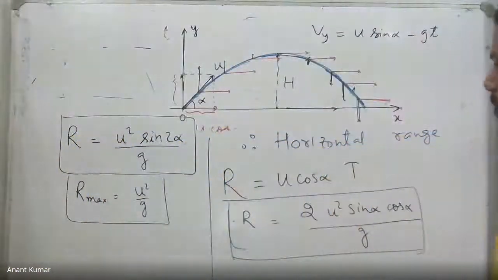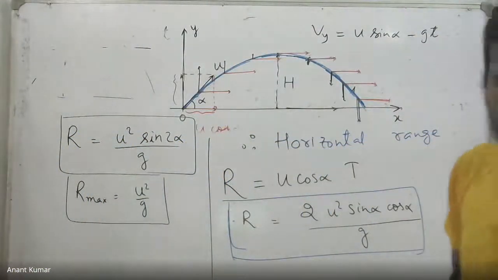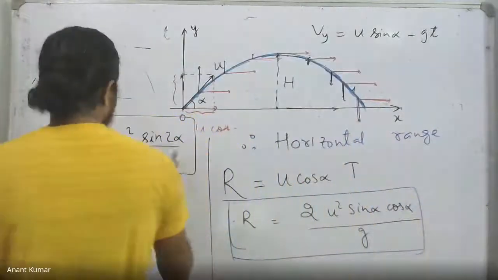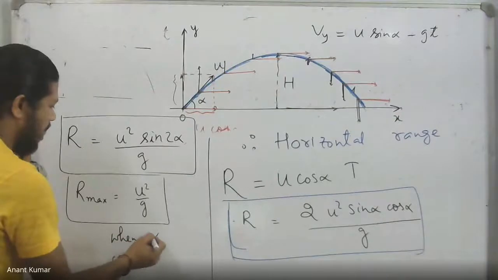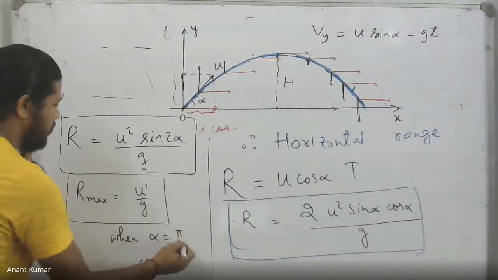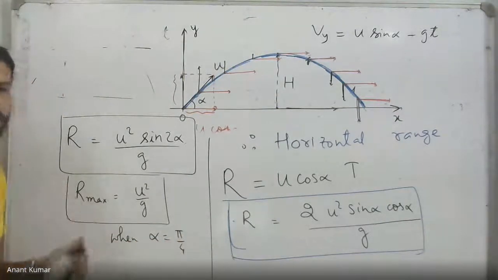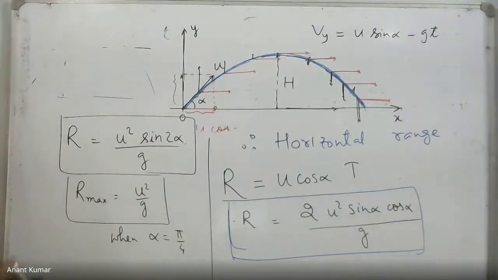And we notice therefore that R max is u square by g. It happens when the angle of projection is 45 degrees, when alpha is pi by 4. So when the projectile is launched at 45 degrees, then it is going to attain the maximum range.